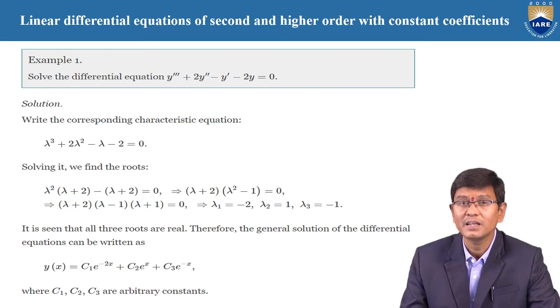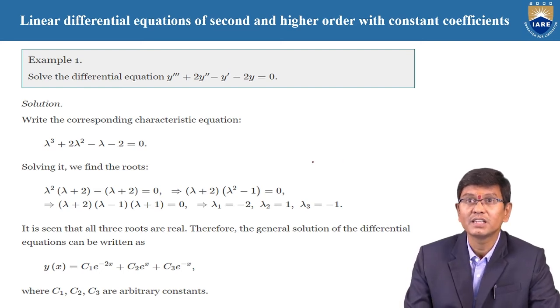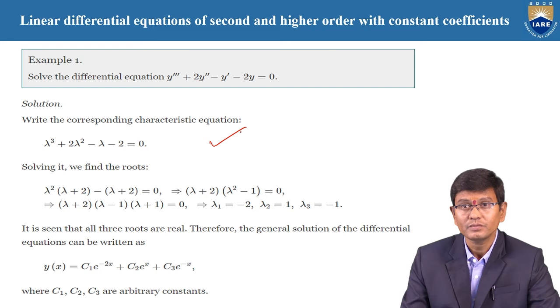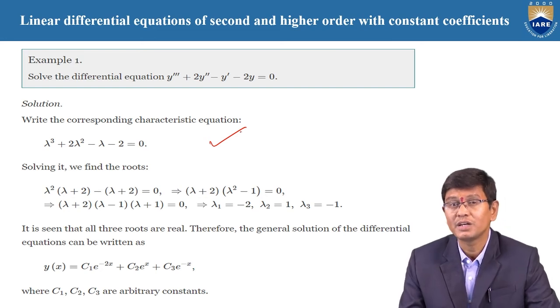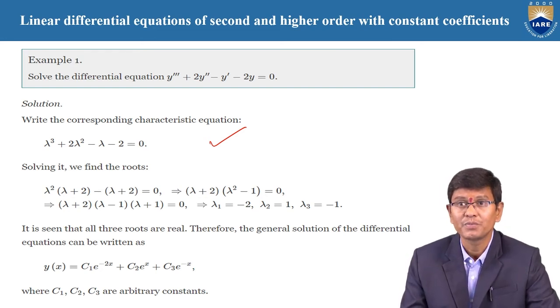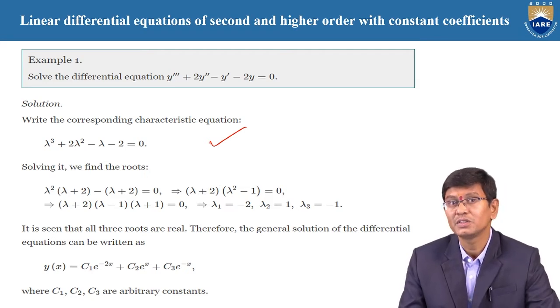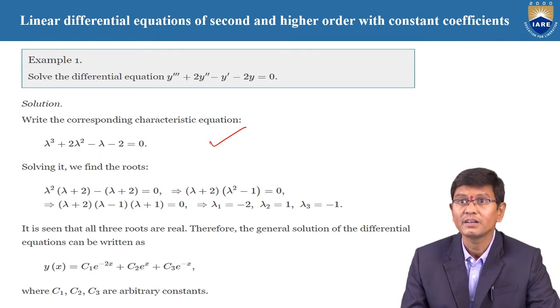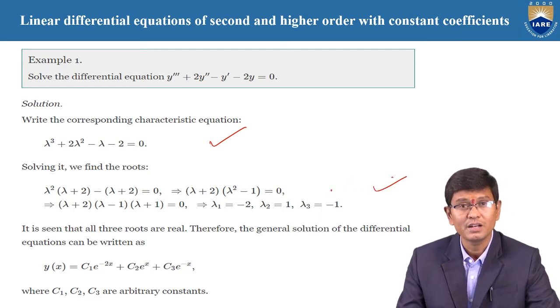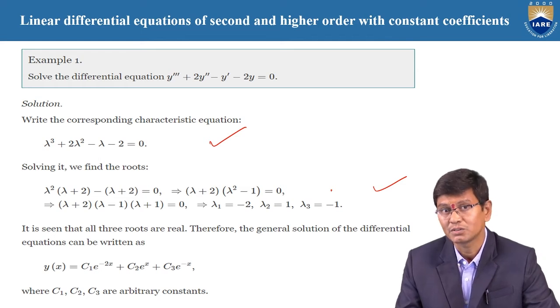The order of the differential equation is third order. Therefore, while solving this in lambda cube, we obtain the 3 roots of the equation by using synthetic division or the factorization method. By using those methods, we clearly obtain the solutions: lambda 1 is equal to minus 2, lambda 2 is equal to 1, and lambda 3 is equal to minus 1.